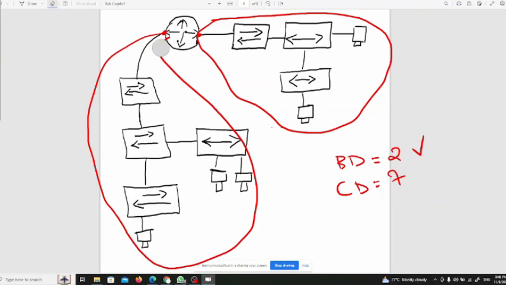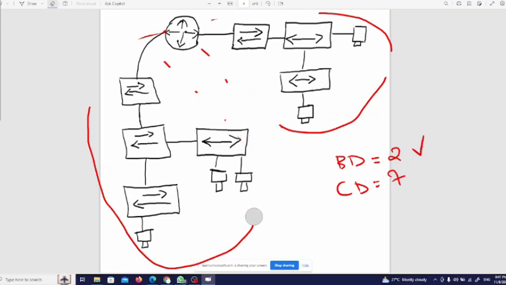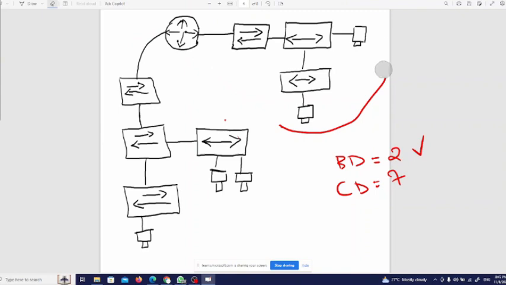So now when it comes to the collision domain, how many collision domains do we have? Each interface of the switch belongs to one collision domain. So this interface of the switch is one collision domain, this one too, and this one too.